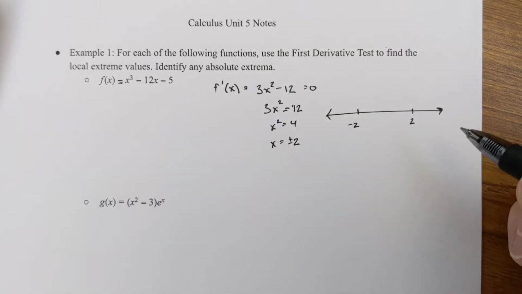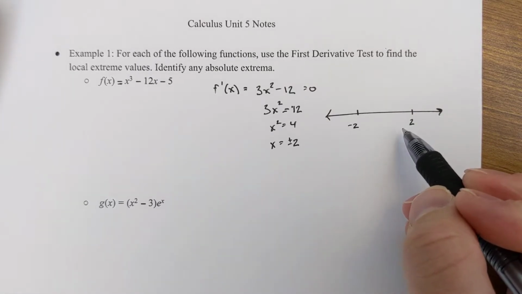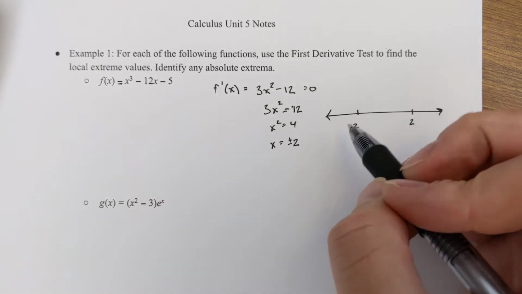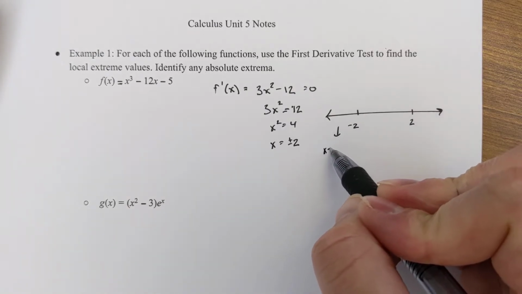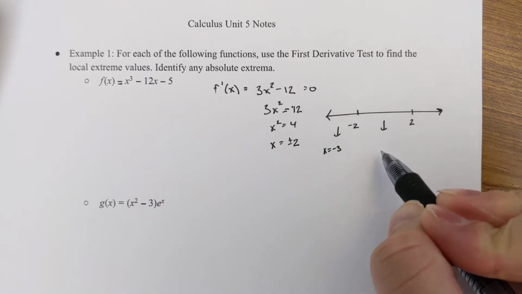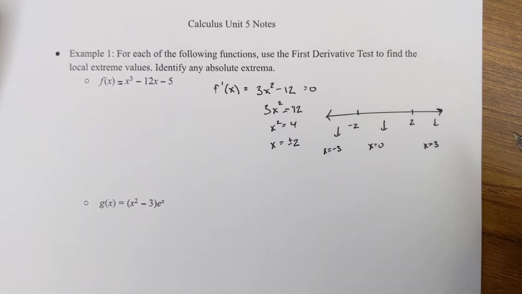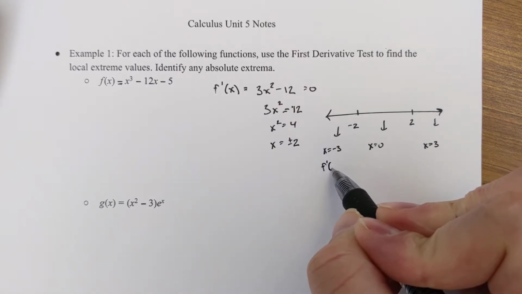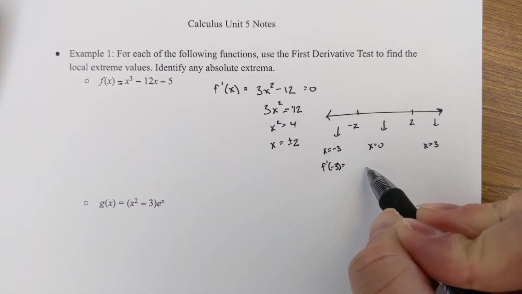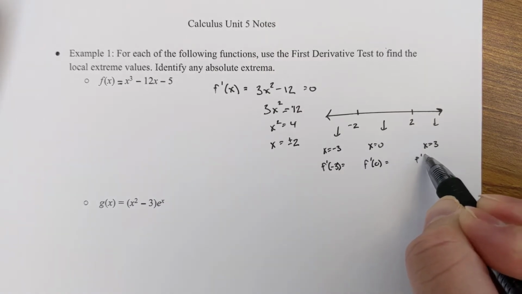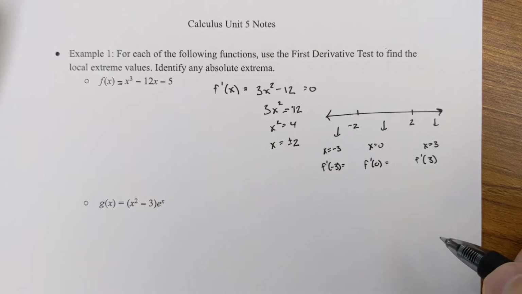So then on the number line, we're going to mark our critical values, and we're going to check the value of the derivative. So we're going to plug in some number here, like x equals negative 3 into the derivative, some number here like 0, and some number here like positive 3. So I need to find f prime of negative 3, f prime of 0, and f prime of positive 3.